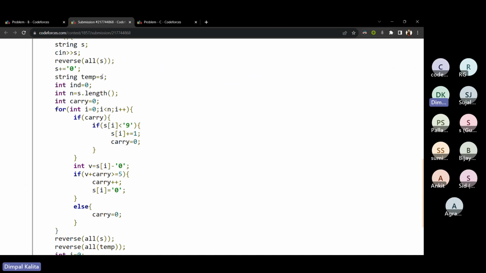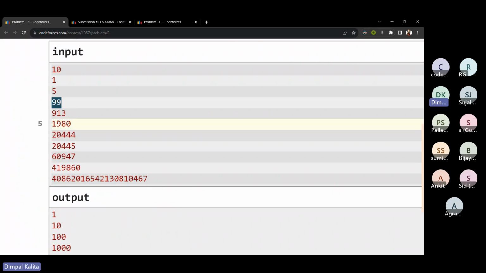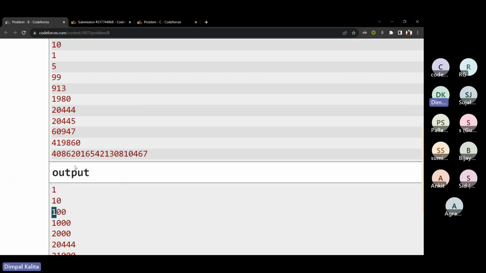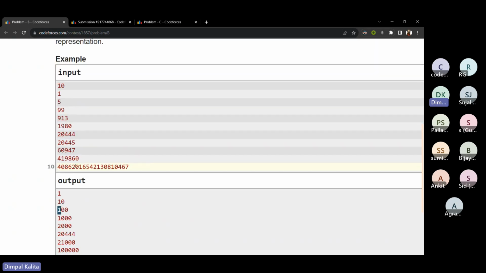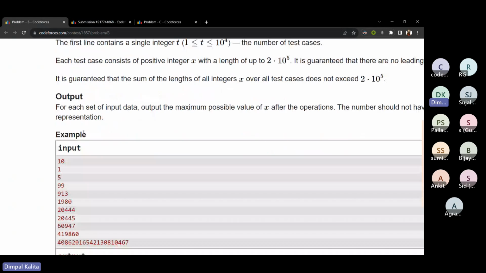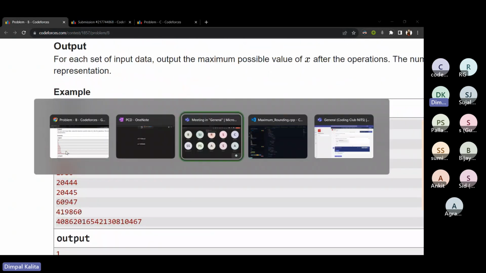Okay, so I reversed the string and I added a 0 to the string, because in the second example you can see that after rounding up there is one extra digit in the string. So to balance that, I added a 0 at the first index, so this will be 0999.